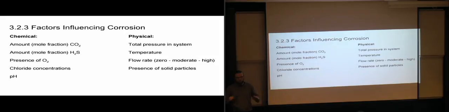So oxygen is the sort of big bad wolf when it comes to corrosion, because another word that you often use for corrosion is oxidization, and that means that we need oxygen in the loop in order for this to happen. Concentrations of chloride is also going to be a problem. And the pH level, so if it's acidic or if it's a base.